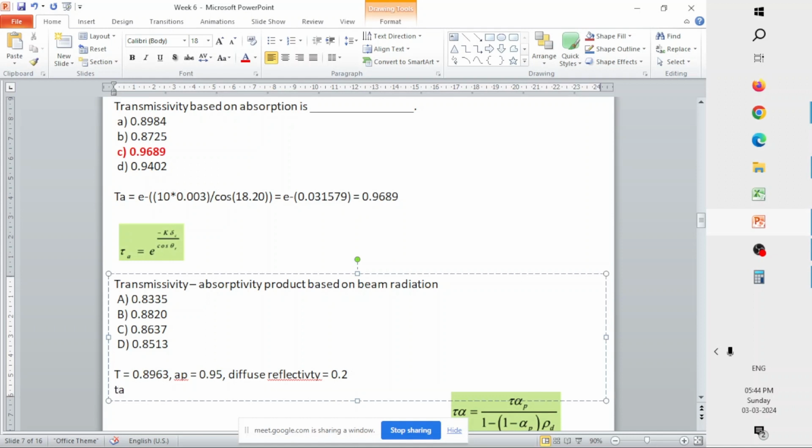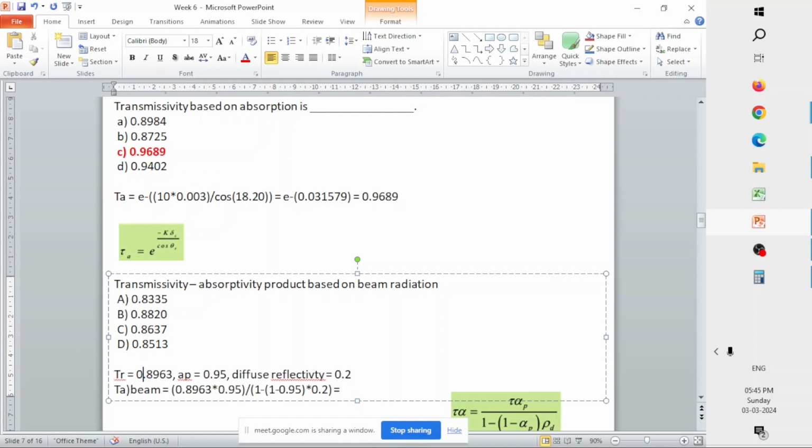So tau alpha of beam radiation is transmissivity 0.8963 times absorptivity of the plate, the whole divided by 1 minus absorptivity of the plate times diffusive reflectivity, which we take as 0.2 here. So if you do this calculation, this is tau r.